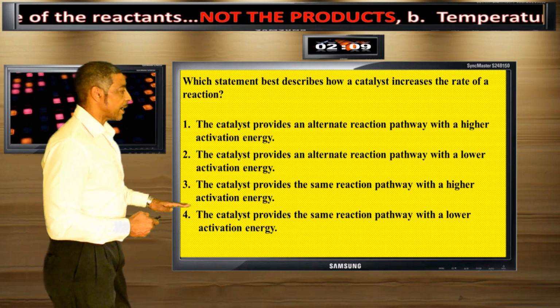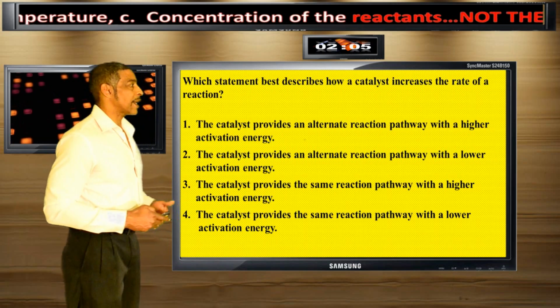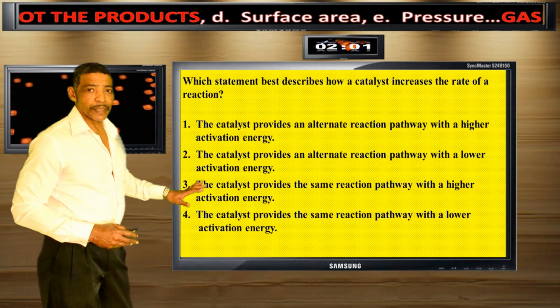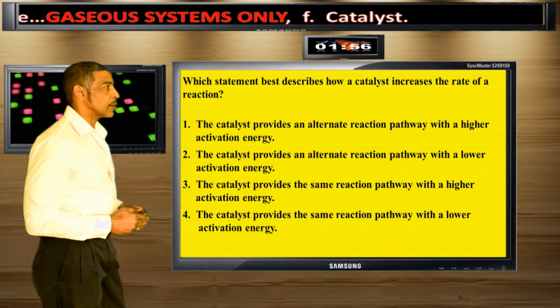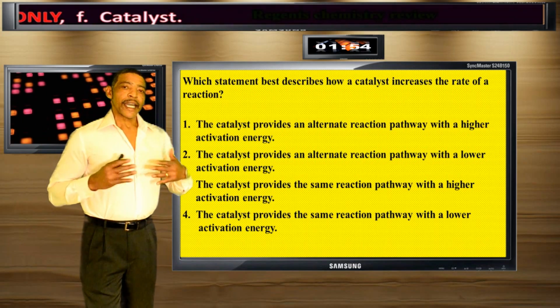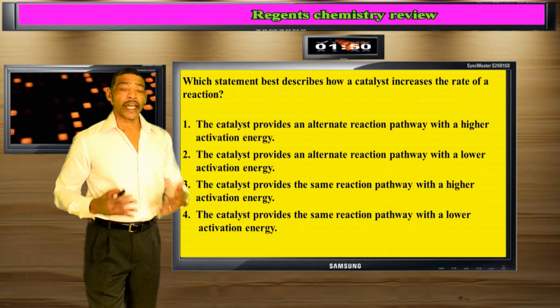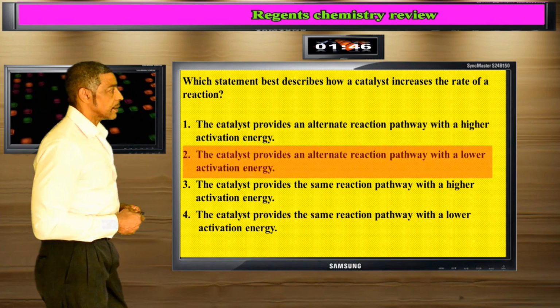Or number 4, a catalyst provides the same reaction pathway with a lower activation energy. Now clearly, choices 3 and 4 make no sense. Okay, so the choices are between number 1 and number 2. Now, when a catalyst provides an alternate reaction pathway, that pathway will have a lower activation energy. So the correct answer to this question is number 2.